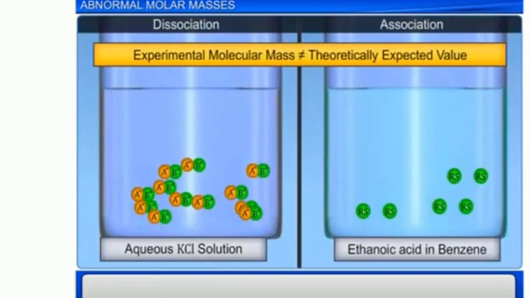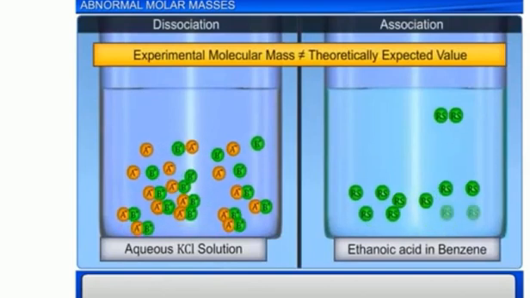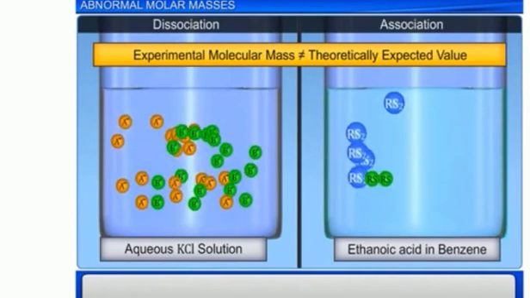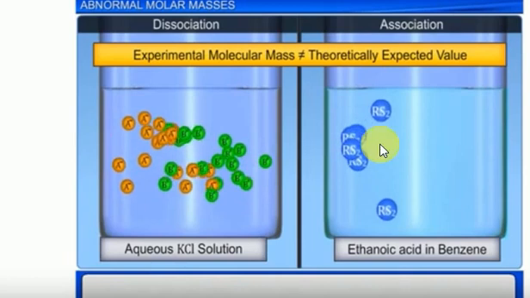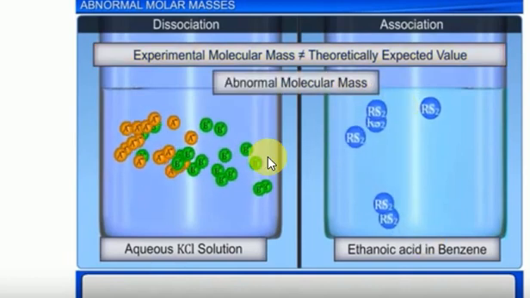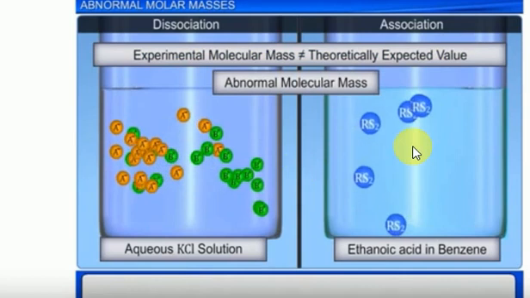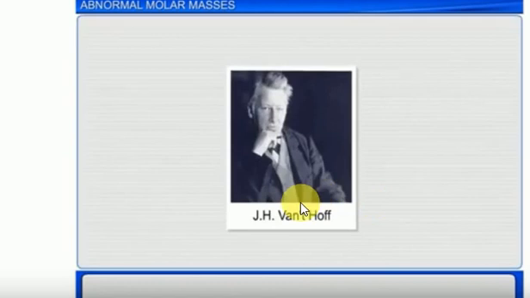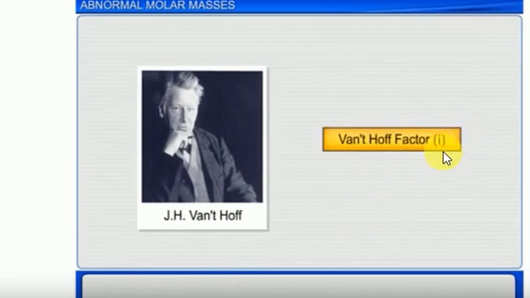When the molecular mass of a substance, as determined by studying any of the colligative properties, comes out to be different than the theoretically expected value, the substance is said to show abnormal molecular mass. In order to account for all such abnormalities, Dutch chemist J.H. van't Hoff, in the year 1880, introduced a factor, i, known as van't Hoff's factor, which represents the extent of association or dissociation of a solute.